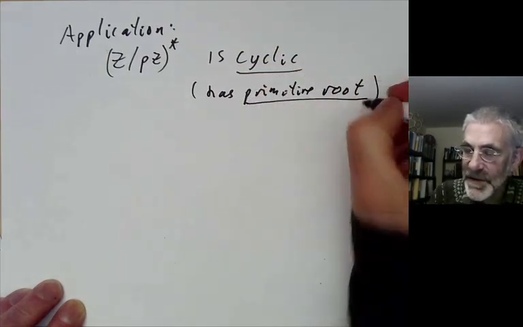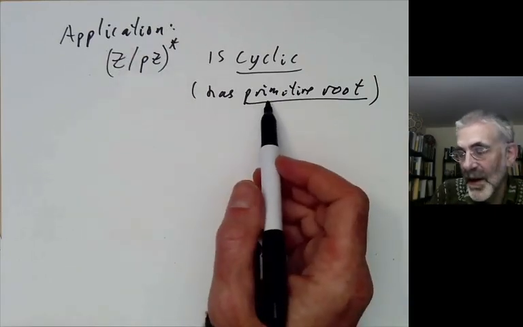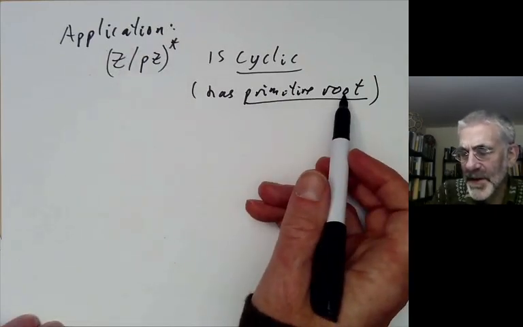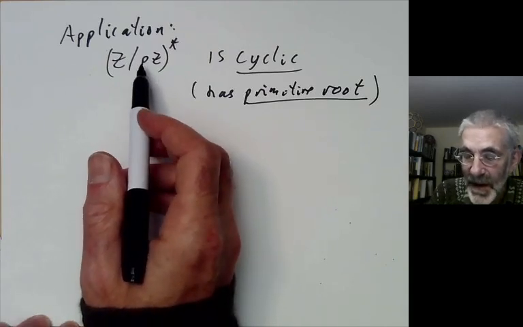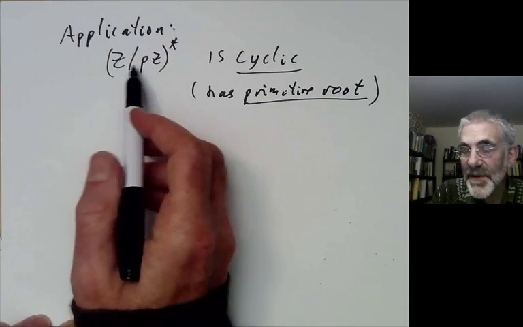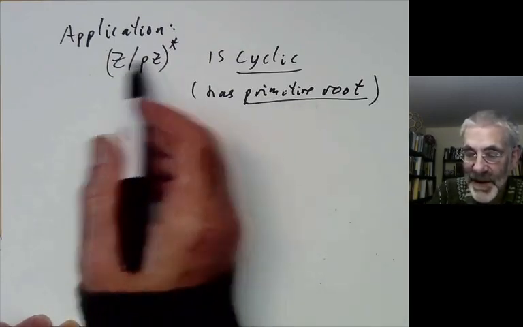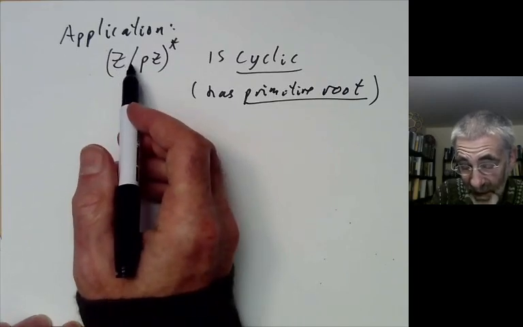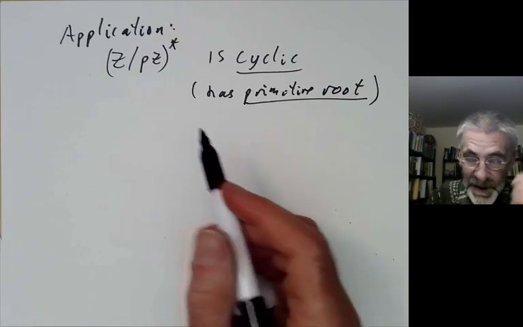A primitive root is just a term in number theory for a generator of this. It's called a primitive root because all elements of this are roots of unity, because their p minus 1th power is 1, and saying it's primitive means it's exactly a p minus 1th root of unity.